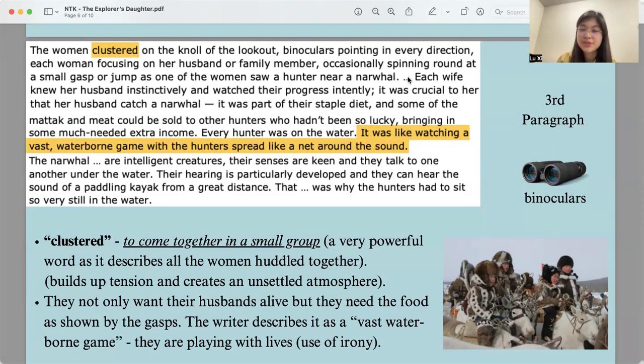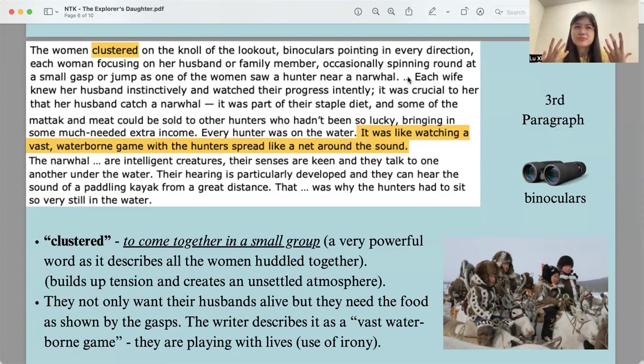How do you feel about this sentence? So the women cluster together, they huddle together, they sit together in one place, holding these binoculars, and each woman focuses on only her own husband and family member to see what's going on at sea.